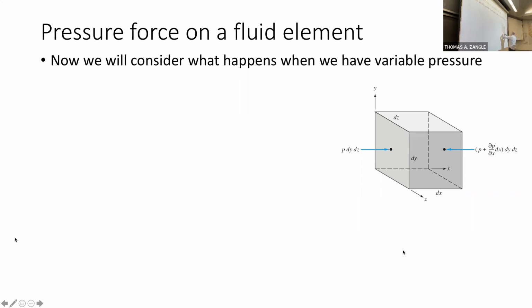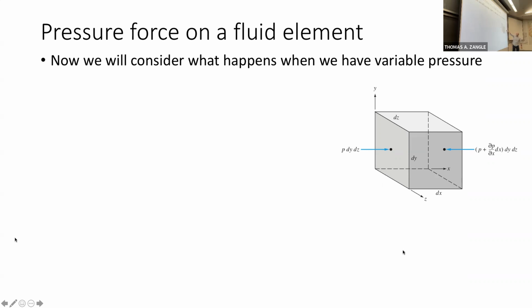Our setup is some little fluid element, drawn as a tiny cube of size dx by dy by dz. We're going to start by looking at the forces due to pressure in the x direction. On this face, we have some pressure P. We drop the x, y, z subscript because it's a scalar field.